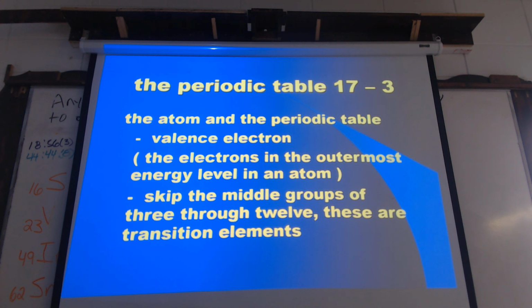Because you go on to talk about what we'll call quantum numbers, and you have to be able to classify these in order to do that. So we verbally talked about this, okay?